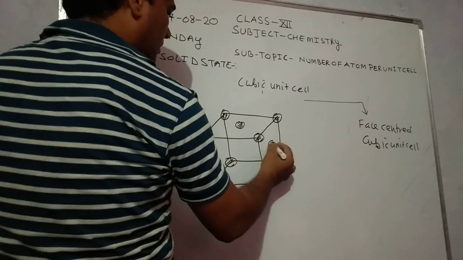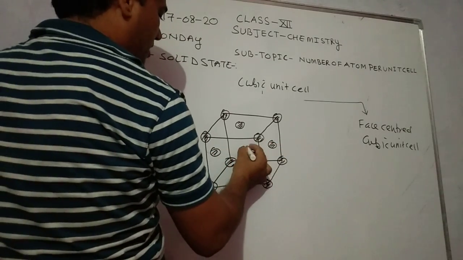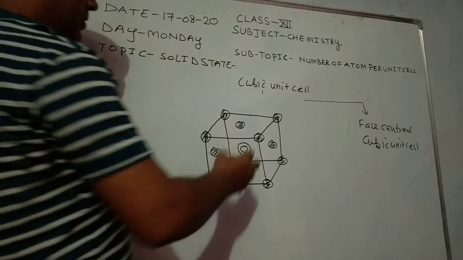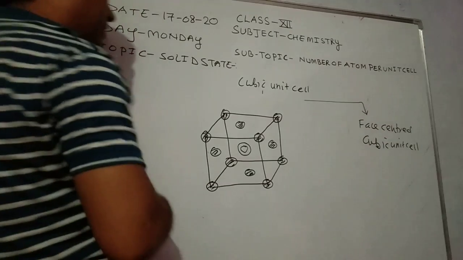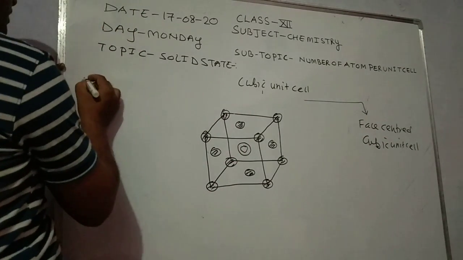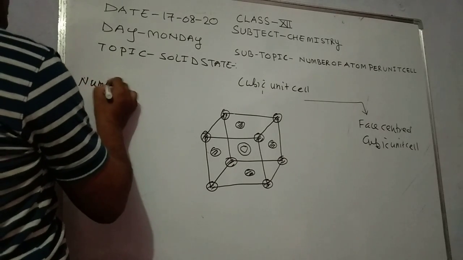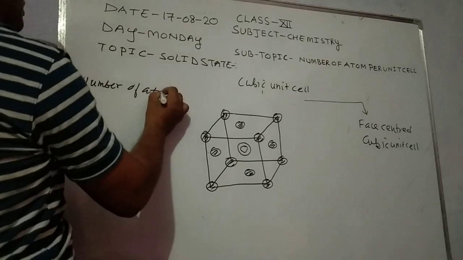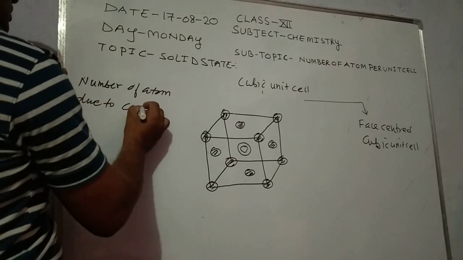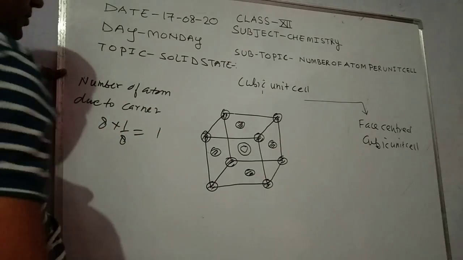Because each corner is shared with 8 unit cells, the number of atoms due to the corners is equal to 8 into 1 by 8, that is 1.